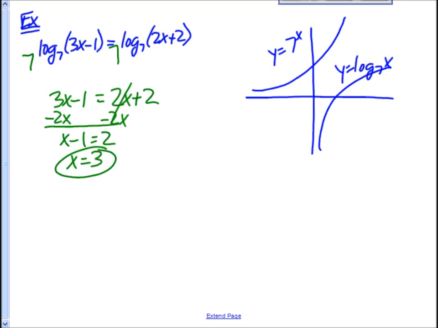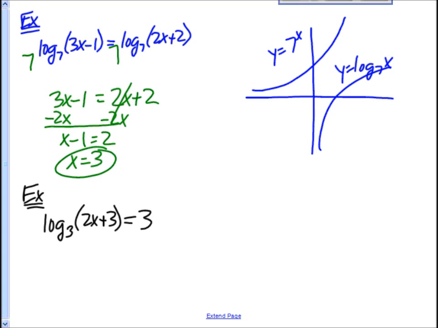Another one here. How about log base 3 of (2x + 3) = 3? So here you say, well, what's the inverse of log base 3?